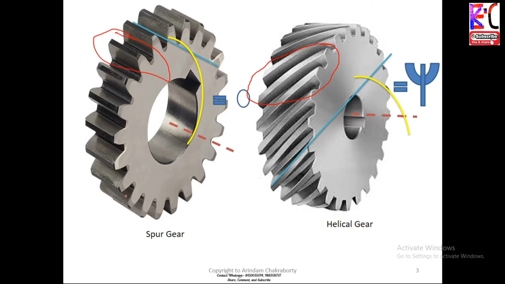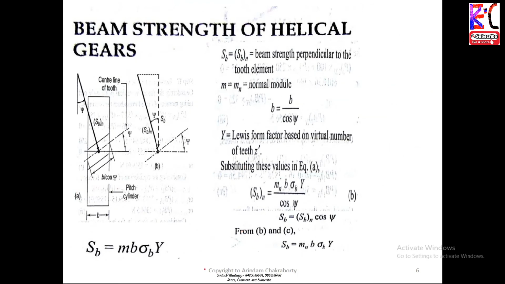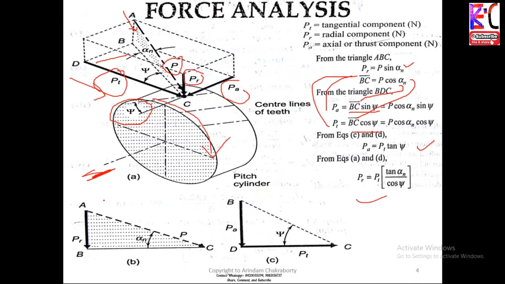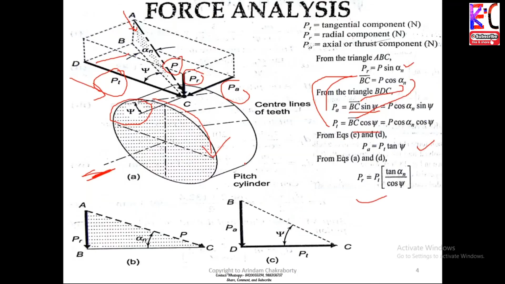By considering this as B. To make a relation, let us consider from this point to this point horizontally it is B, but this length is B dash.